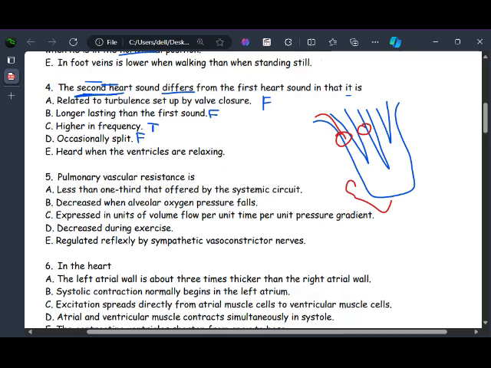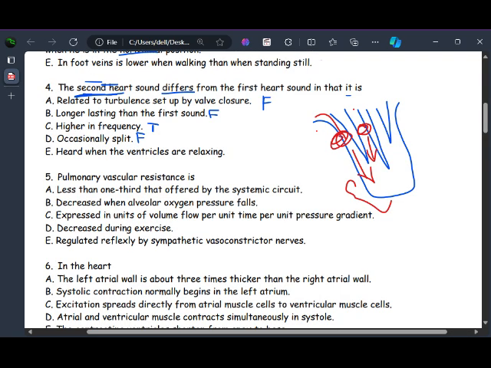If the ventricles are contracting, then blood is being pushed out of the ventricle. So if the ventricles are relaxing, blood is coming into the ventricles. But blood will want to come in from both the pulmonary artery and the atria. Or is it the pulmonary vein? It's the pulmonary artery. Yeah, sorry.